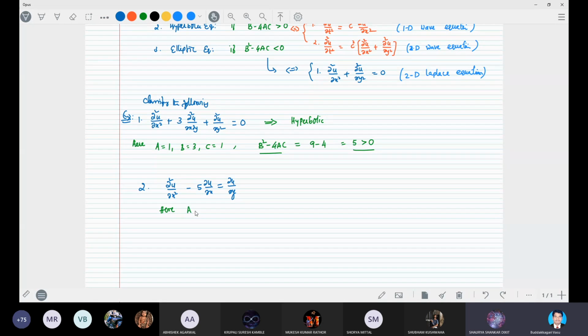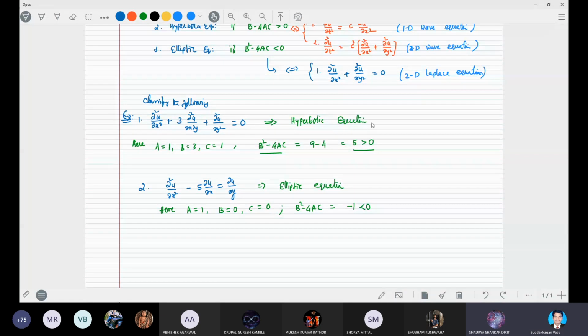A is equal to 1, B is equal to 0, C is equal to 0, right? Therefore, b square minus 4ac is equal to 0, which is not less than 0. This is an equation, not a curve.